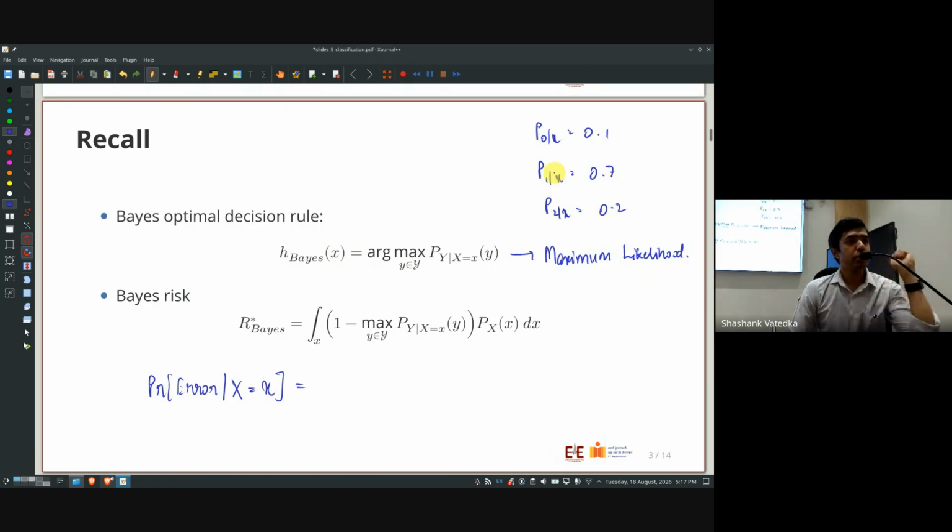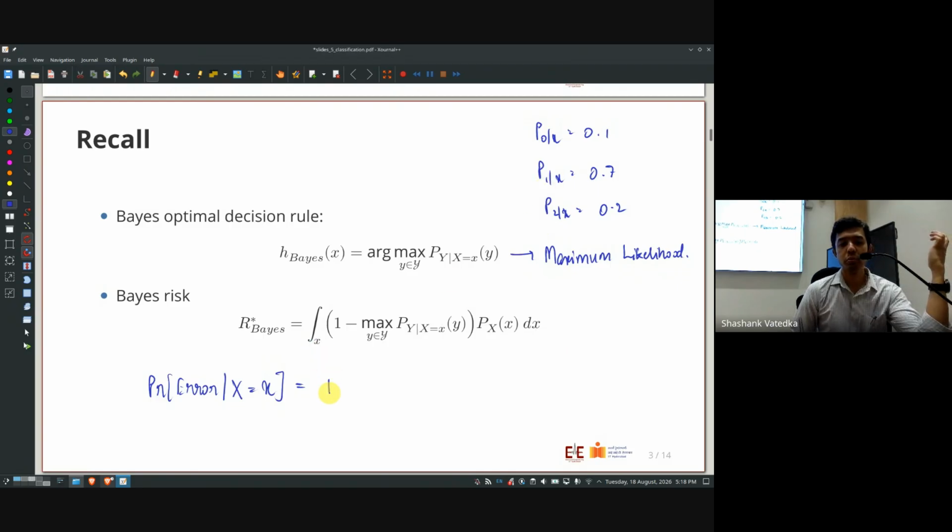Now, having observed this particular x, what does the Bayes optimal rule output? It outputs 1, because that is the one with the highest probability. And when are you in error? When either y is equal to 0 or y equal to 2. So what is the probability of that happening? It's the probability of 0 given x plus the probability of 2 given x, or equivalently 1 minus the probability of 1 given x.